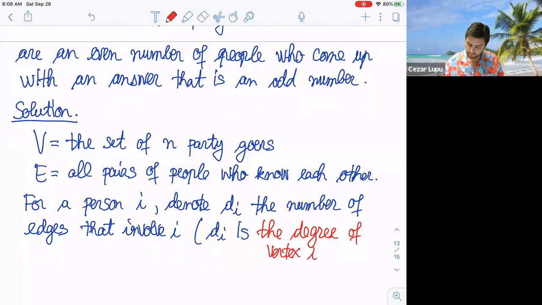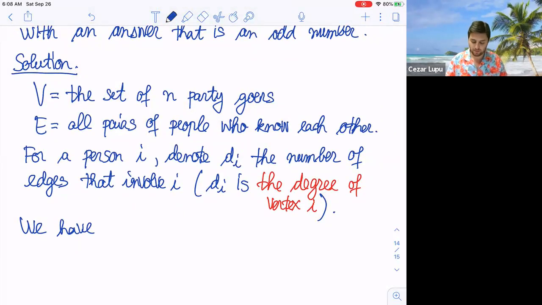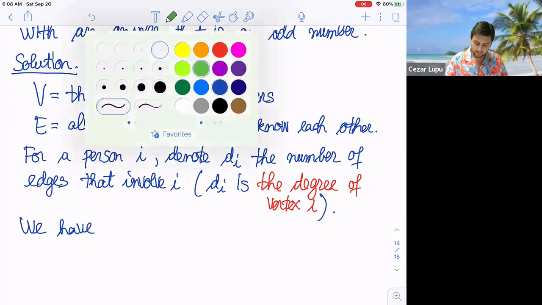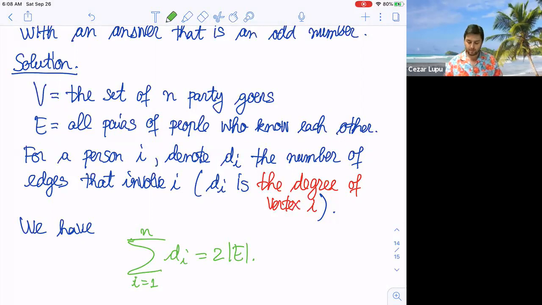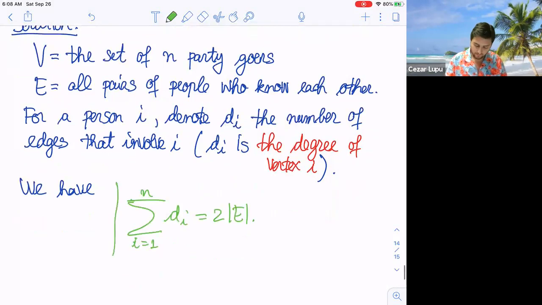This is important. We have the following: if we sum up all these degrees, the sum of all these d sub I's from 1 to n, we have n people, it will be nothing else than just 2 times E, since we have this formula.